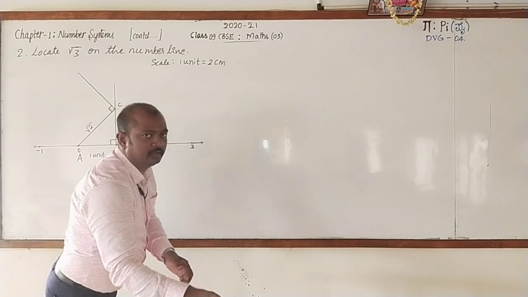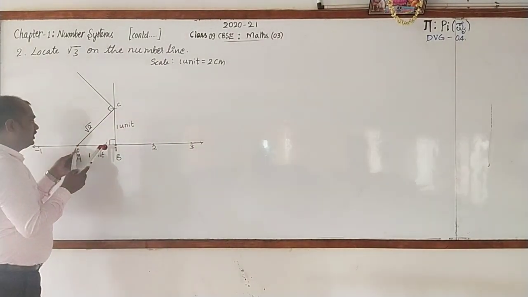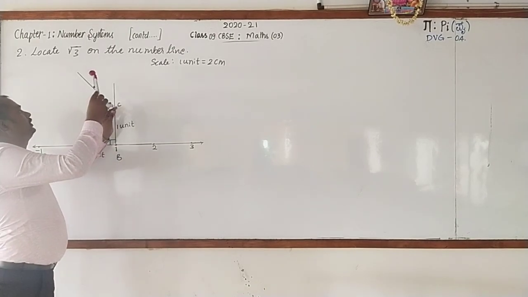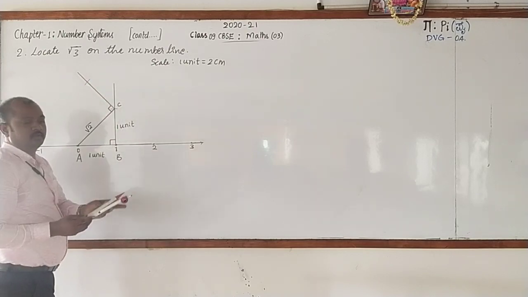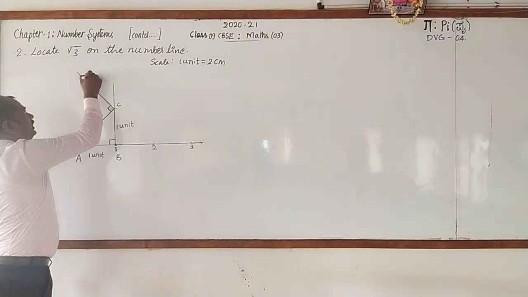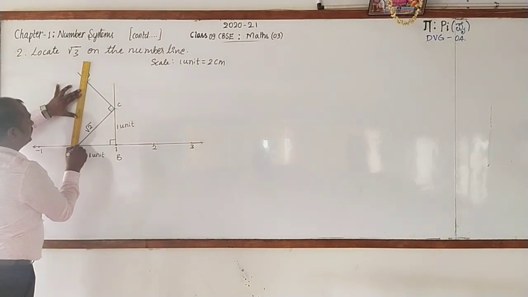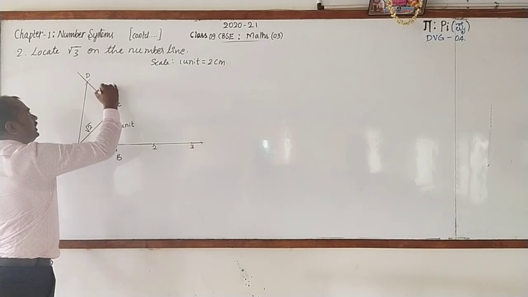Next, again use the compass. Already you have taken 1 unit distance. The same distance should be used. With C as center, draw an arc which cuts the perpendicular at D. Let us join AD.